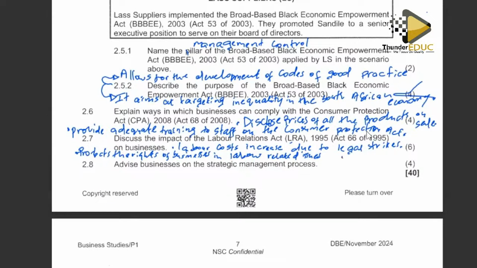And lastly, we are saying that reduced global competitiveness due to lower productivity. Okay, right, grade 12.